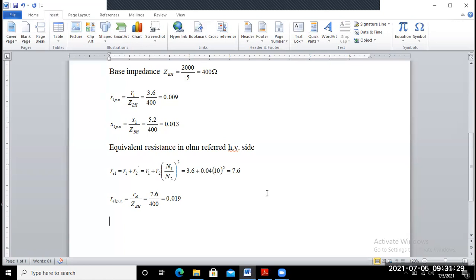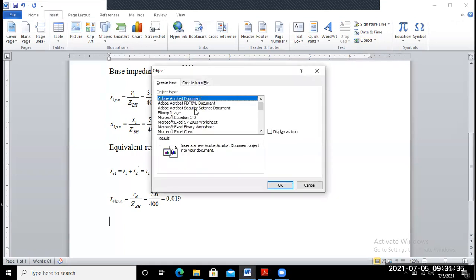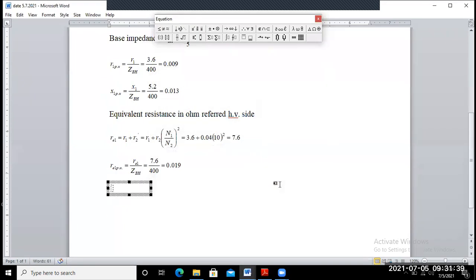So Xe1 in per unit is the equivalent leakage reactance in ohm along the high voltage side divided by the base impedance of the high voltage side.